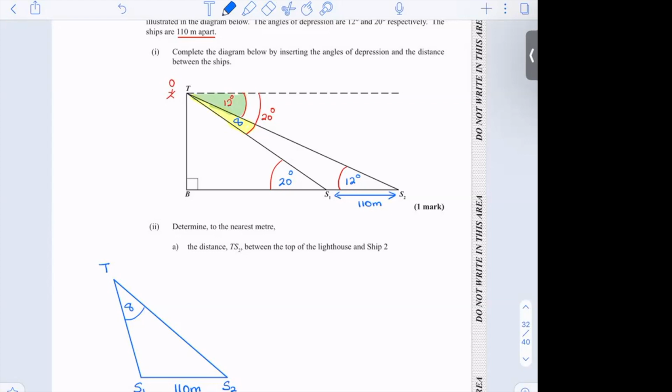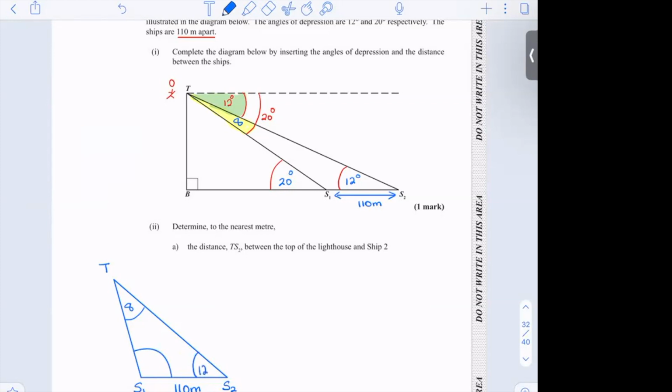Now, so we want to find TS2. So we must find this angle here. This angle is TS2. Oh, so we need to find this angle. Here is 12.